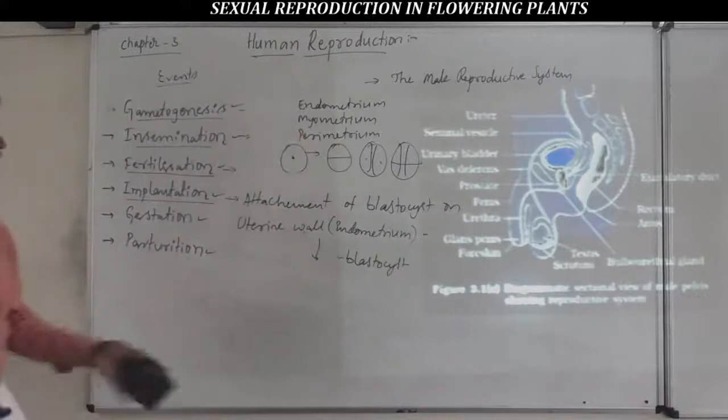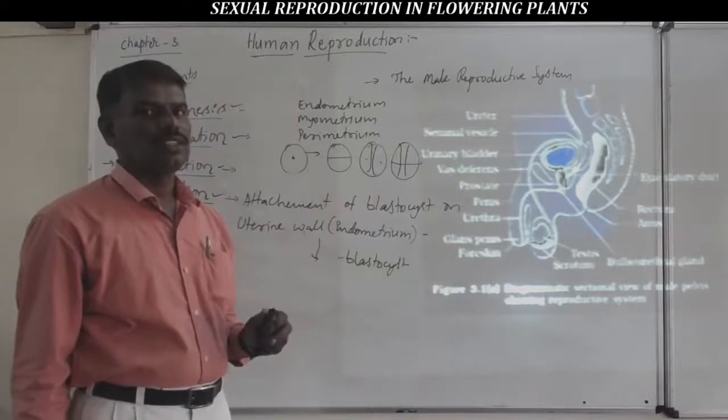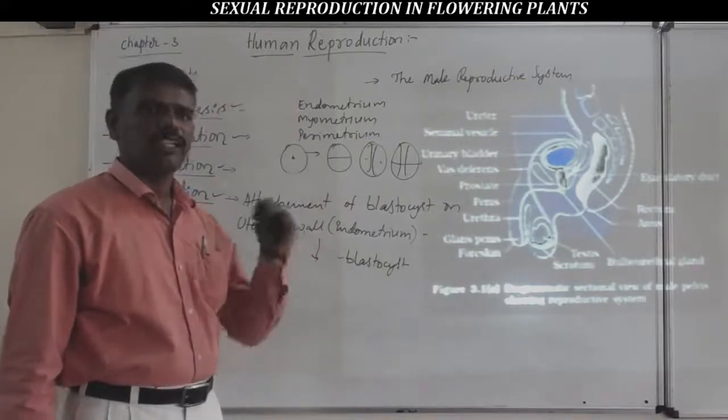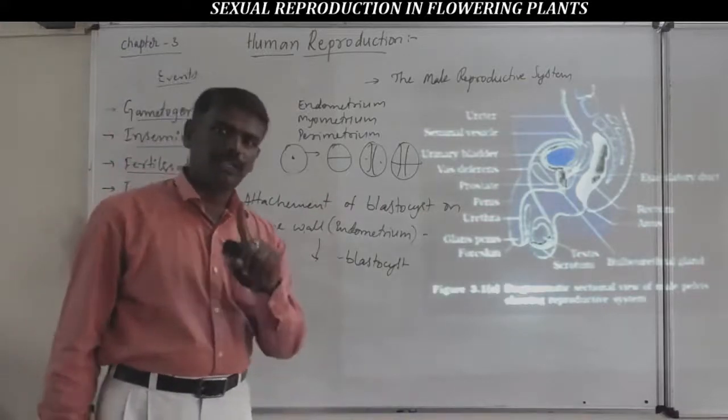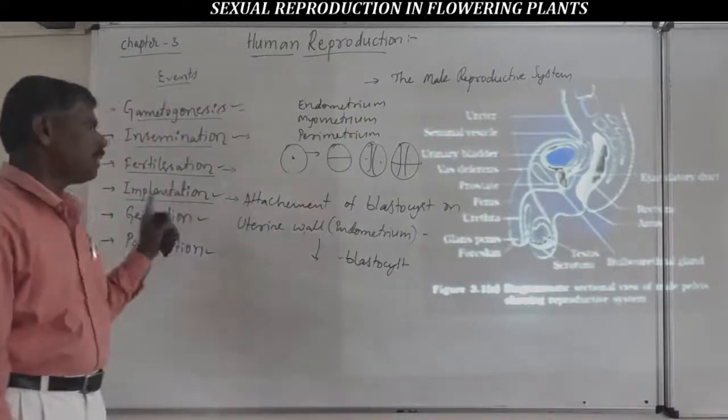Implantation is nothing but the 32 cell stage of the blastocyst attaching to the endometrium layer of the uterus.